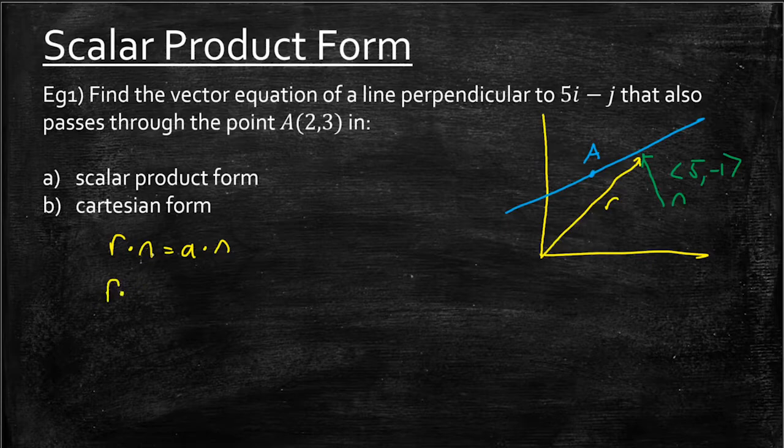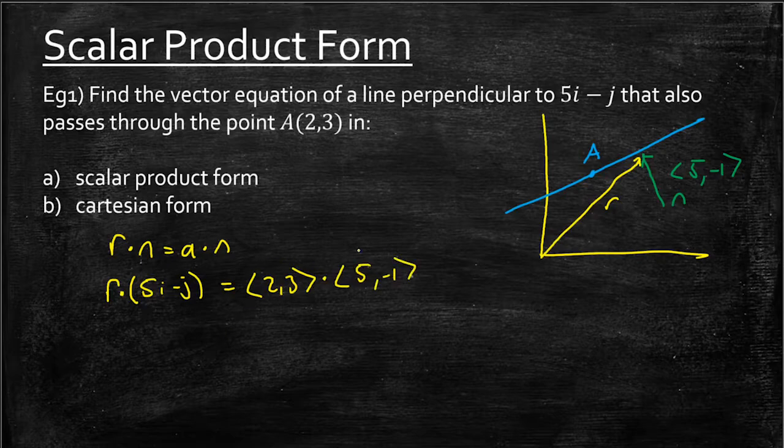Now our n value there is 5i minus j, and because they've written it in component form, as much as I like to write things in column vector form or row vector form, we have to write it back into component form. So r dot 5i take away j equals, and we have to find the dot product of point A with n. So point A is 2, 3. That's the position vector of point A. And the normal vector is 5, negative 1.